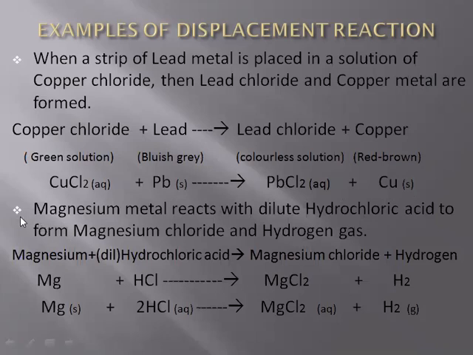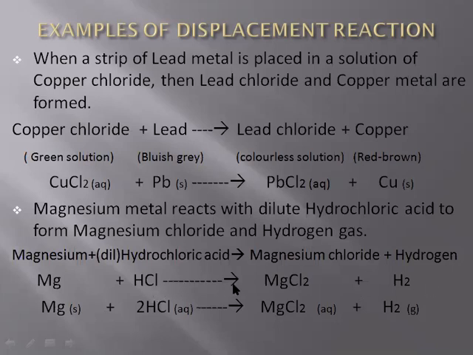Second example. Magnesium metal reacts with dilute hydrochloric acid to form magnesium chloride and hydrogen gas. What will the equation be? Magnesium plus dilute hydrochloric acid gives the product magnesium chloride along with hydrogen gas. Formula equation: Mg plus HCl gives MgCl2 plus H2.